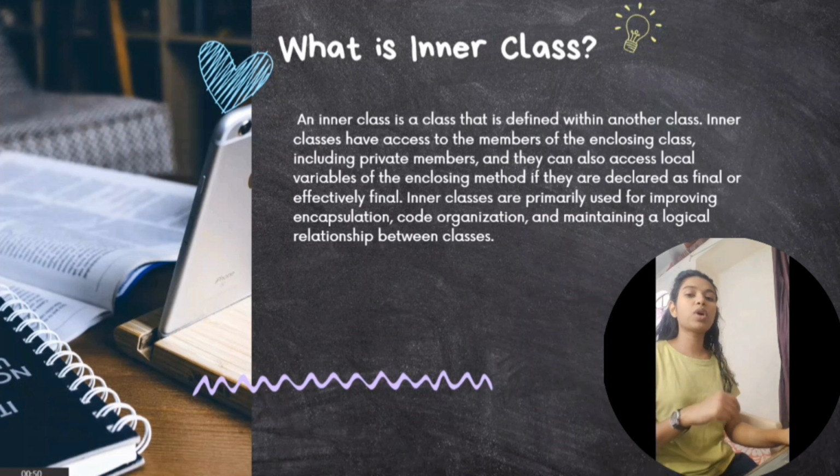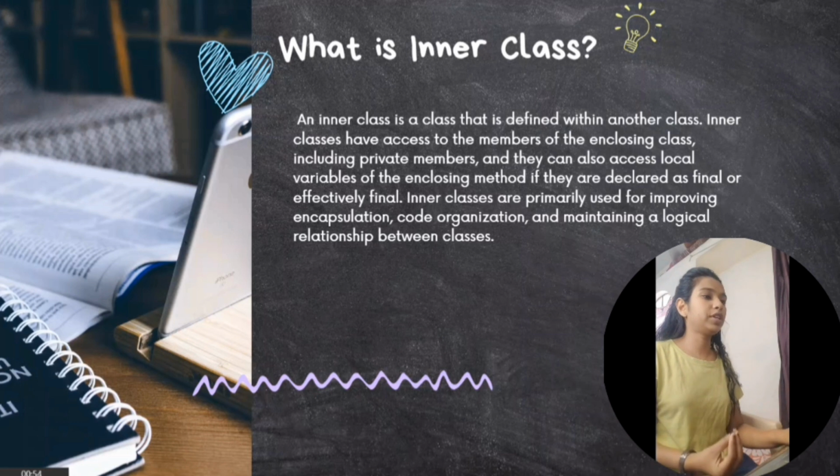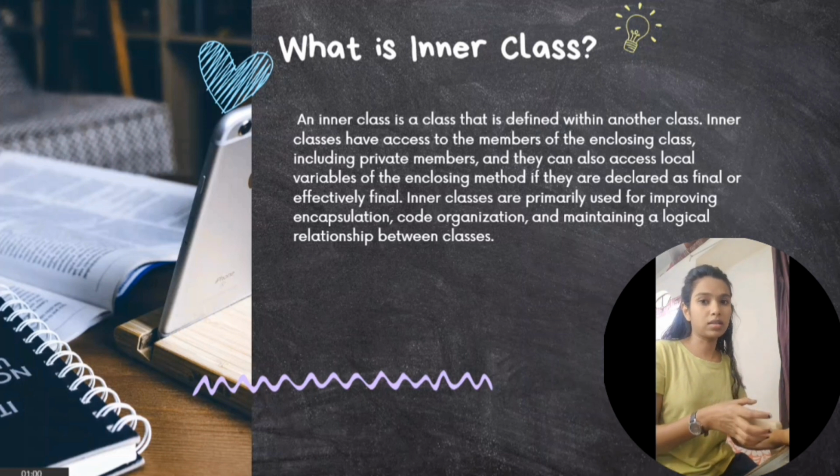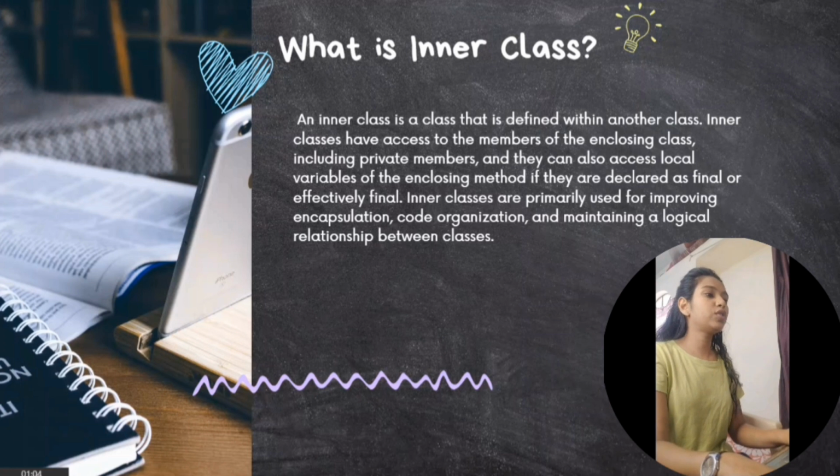In whichever class you have defined your inner class, you can access all the variables and methods of that outer class. What we can achieve using inner class is primarily improving encapsulation and code organization, and also we can maintain a logical relationship between classes.